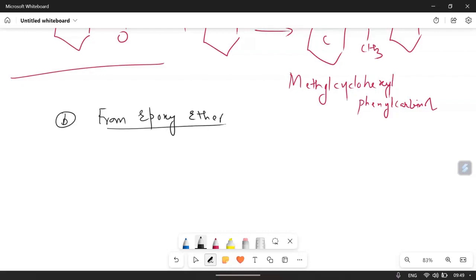So in this method you have Grignard reagent, suppose C6H5MgBr is treated with epoxy ether, which is CH2 CH2 with O. This is epoxy ether, right?